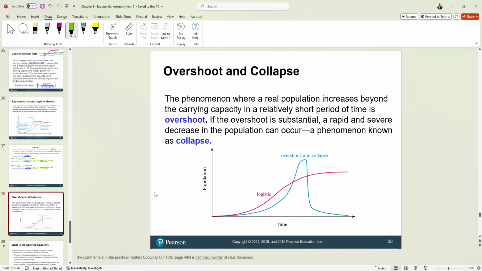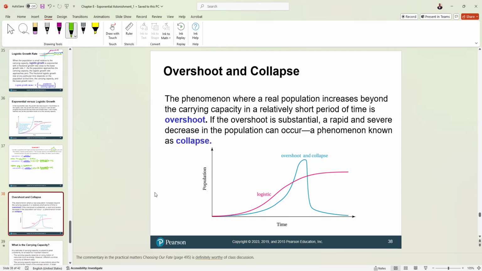If the overshoot is substantial, okay, very important. You said when a population overshoots carrying capacity of its environment, the decrease in the population is inevitable. So, meaning if the overshoot is substantial, a rapid and severe decrease in the population can occur.